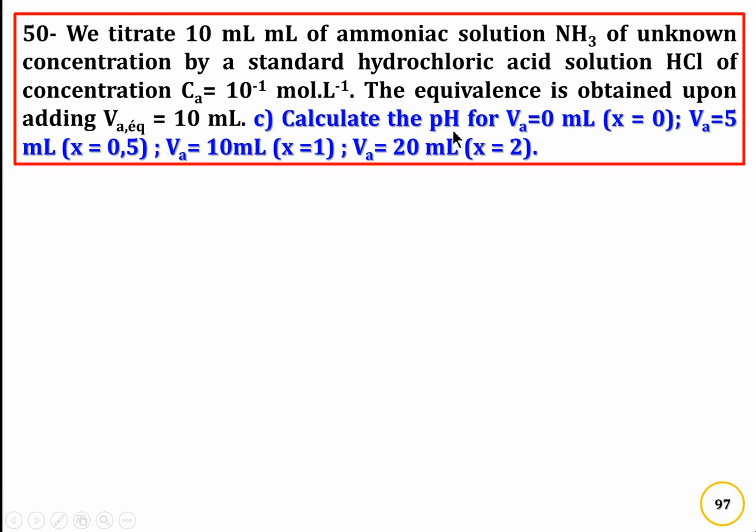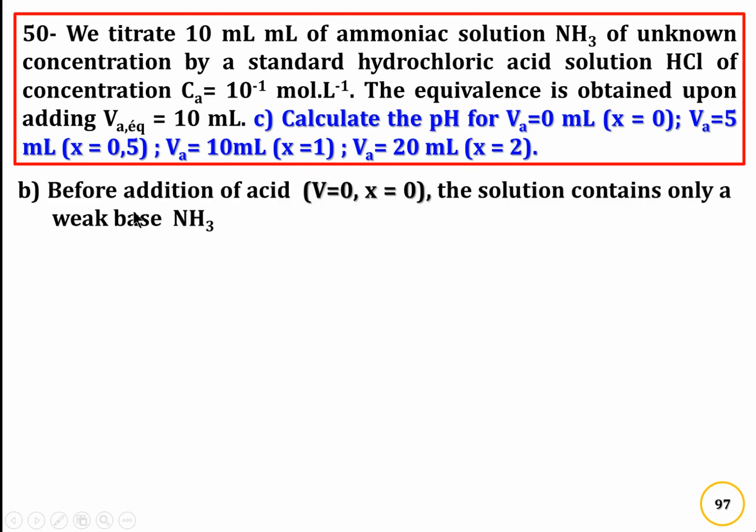Calculate now the pH of the solution before the addition of the acid HCl. Before addition of the acid HCl, at V equals 0 or X equals 0, the solution contains only a weak base NH3. So the pH will be the pH of the weak base NH3, and we have to look at the domain of validity.